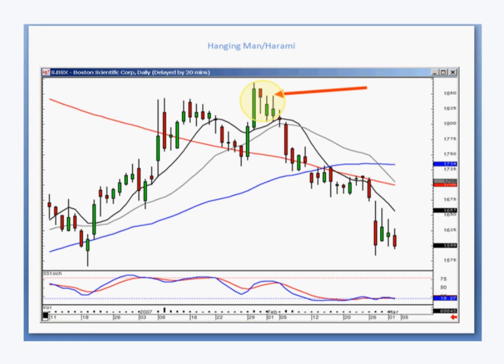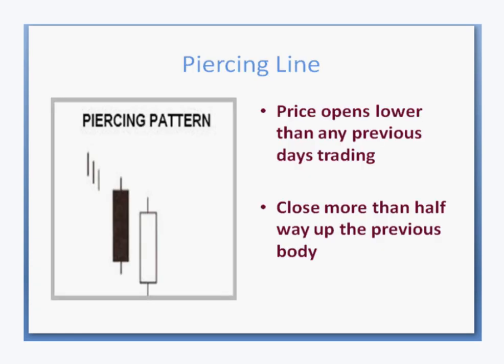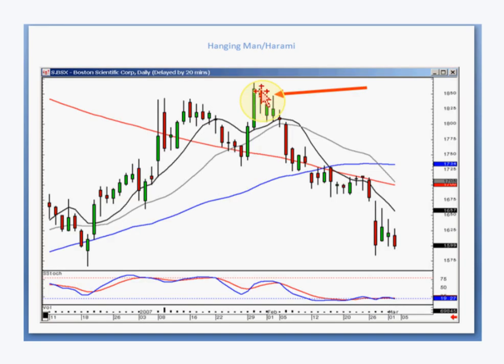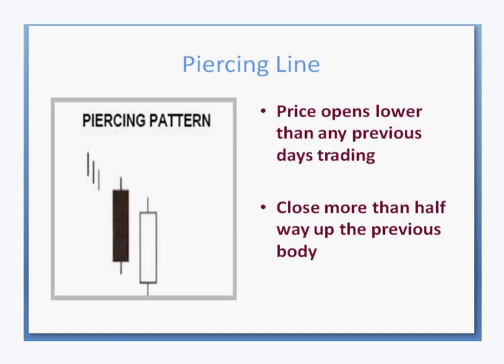Okay, another major signal is what we call the piercing signal. I'll show the hanging man again. The hanging man has a small body at the top. It's a hammer signal, but it's at the top of a trend. All right, the piercing signal is a little bit different than the bullish engulfing.